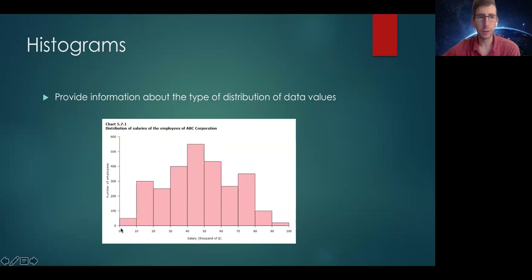If we come over to the 0 to 10, then based on this bar, maybe about 50 of our employees make between 0 and 10,000. Whereas if we come between 10 and 20, almost exactly 300 of our employees make between 10 and 20,000. So this shows you the distribution of the salaries of your employees.